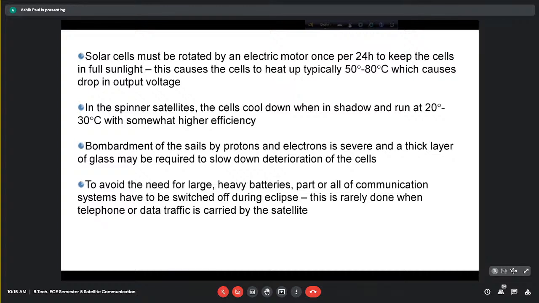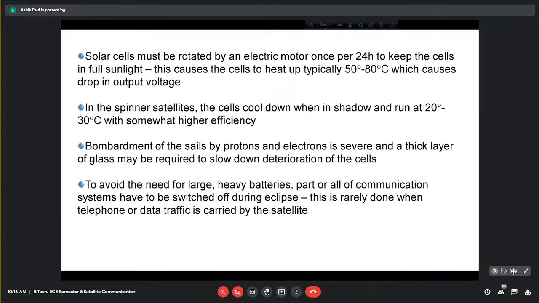Now, these solar panels, as we were mentioning, must be rotated by an electric motor once every 24 hours or so, to keep the cells exposed to full sunlight. This usually causes the cells to heat up, typically to about 50 to 80 degrees Celsius.